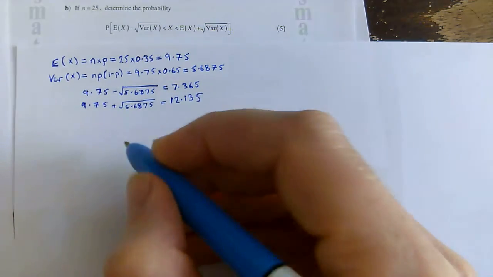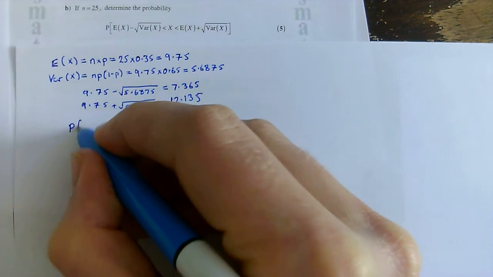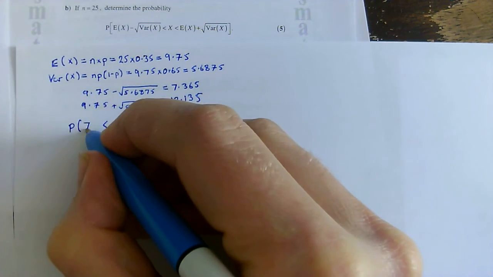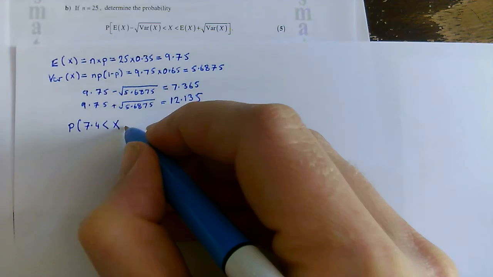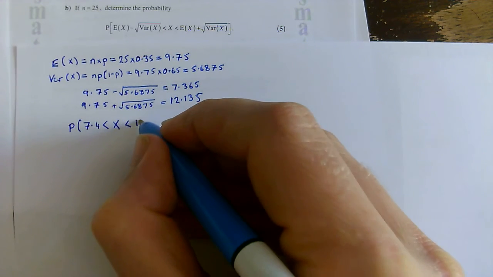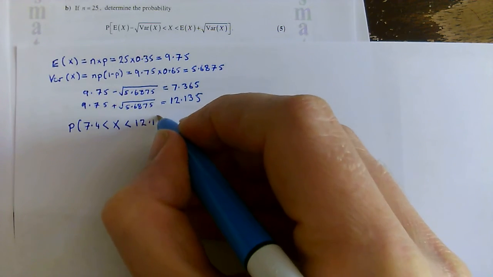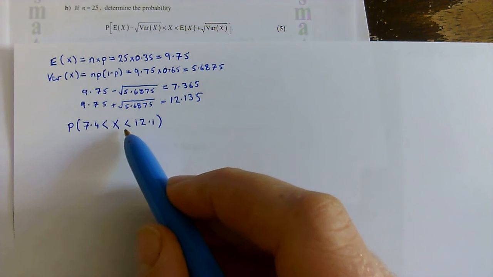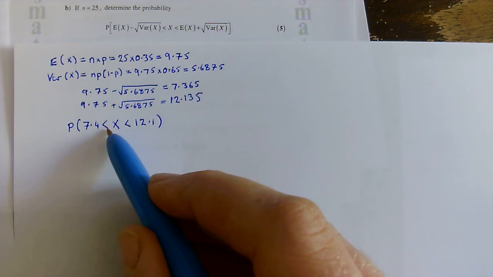So the question's really asking us, what's the probability that x is between 7.4 and 12.1? Well, we know that x is discrete, so it can only take whole number values.